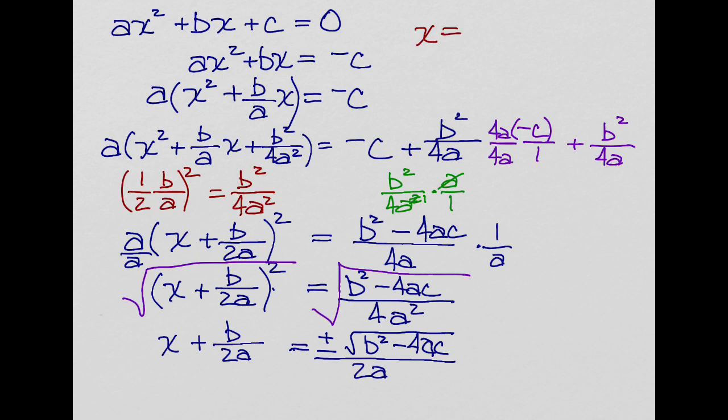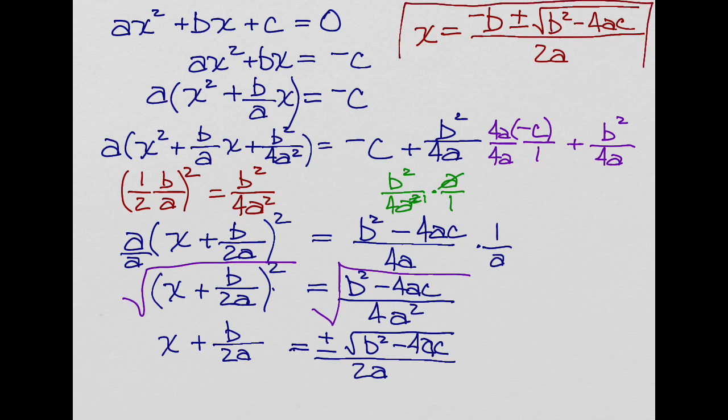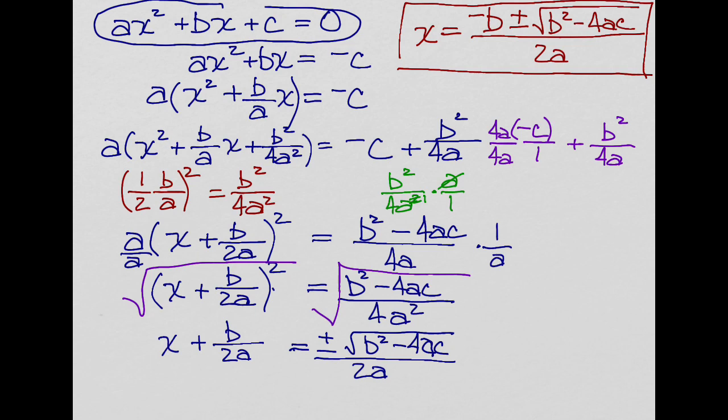When I subtract b over 2a to the other side, now it's negative, or has the opposite sign that it did before, plus or minus this square root. And everything is over that common denominator of 2a. And there's the quadratic formula. So the quadratic formula comes from taking a generic quadratic equation, ax squared plus bx plus c equals 0, and completing the square.